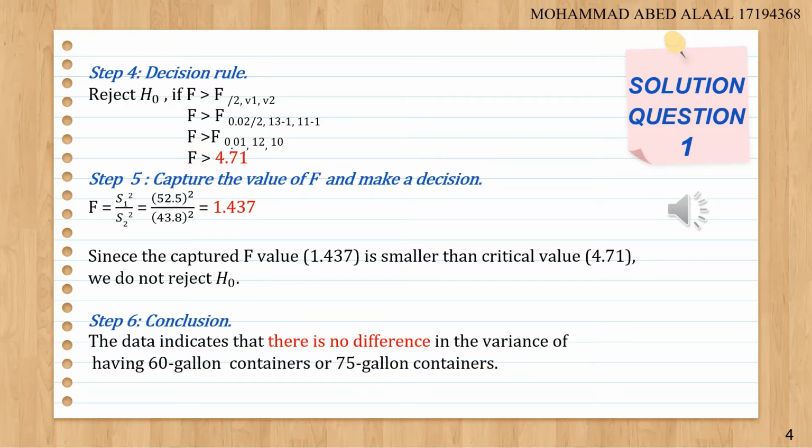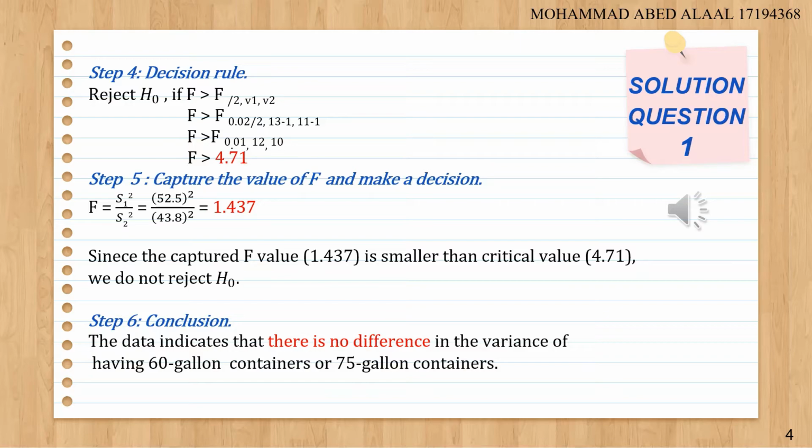Since the calculated F value 1.437 is smaller than the critical value 4.71, we do not reject H sub 0. So we jump to the conclusion. The data indicates that there is no difference in the variance of households having 60-gallon containers or 75-gallon containers. That's all for me. Thank you.